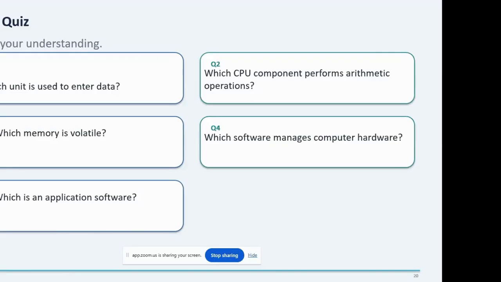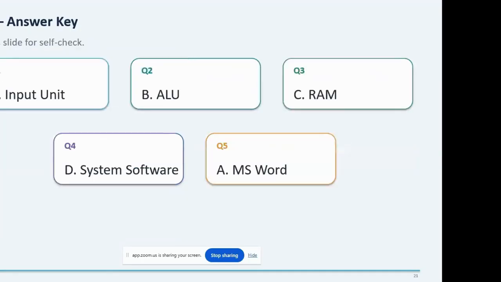Actually, ROM is a memory device, not software. Operating software. Yes, it is the operating system which comes under system software. Question number 5. Which is an application software? Can you all give me one example of application software? Microsoft Word, PowerPoint. Yes, I have given you the answer.